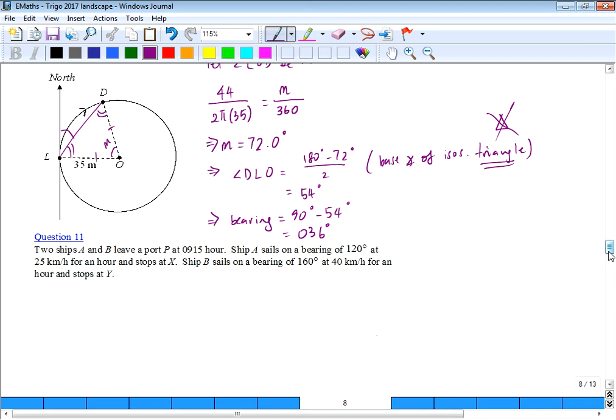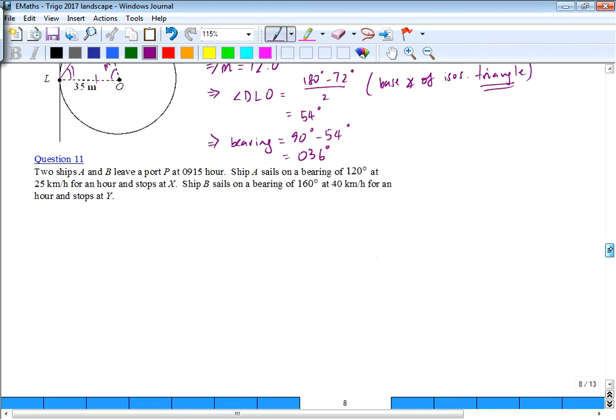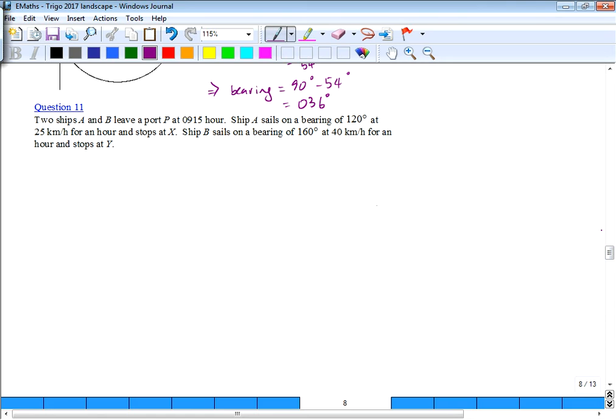Let's move on to question 11. The whole thing? Okay. 2 ships.